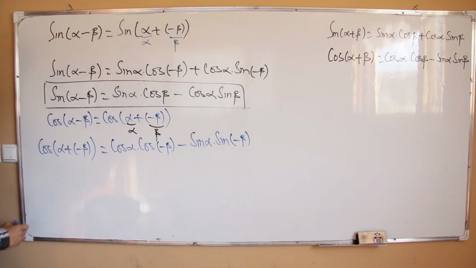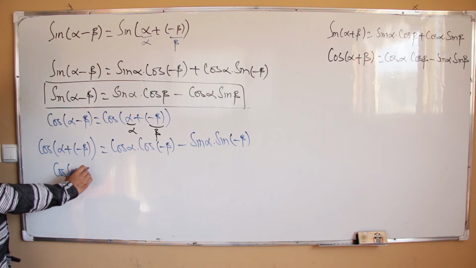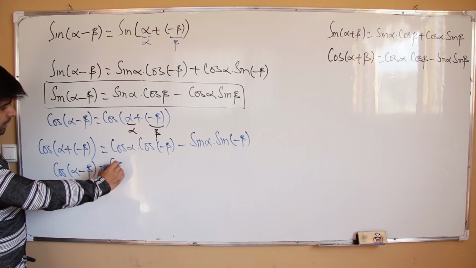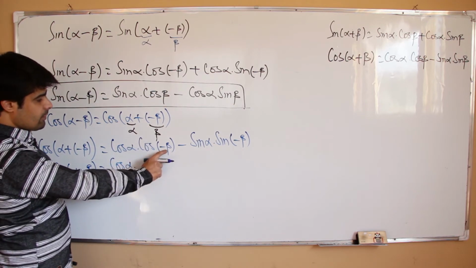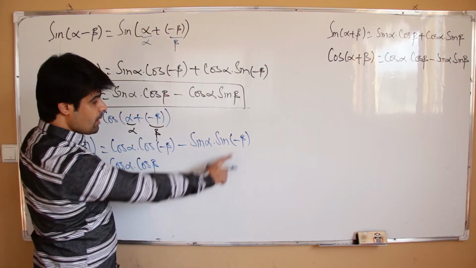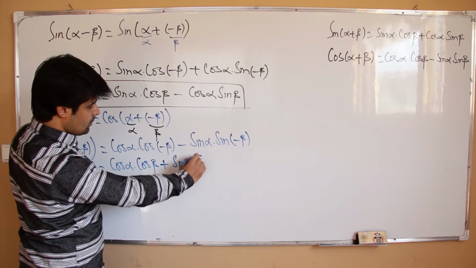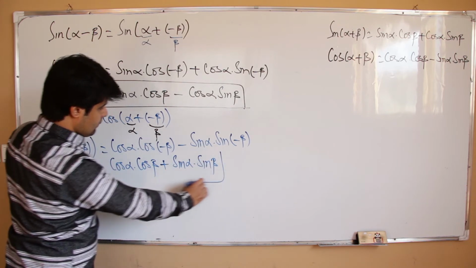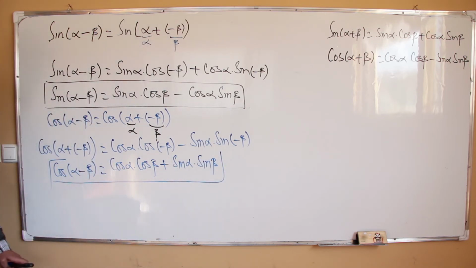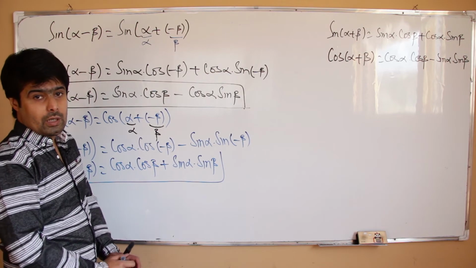So here we can write cosine alpha, cosine of negative beta is the same as cosine of positive beta. This minus comes here, positive, sine of alpha, sine beta. This is the formula for cosine of alpha minus beta: cosine alpha, cosine beta, plus sine alpha, sine beta.